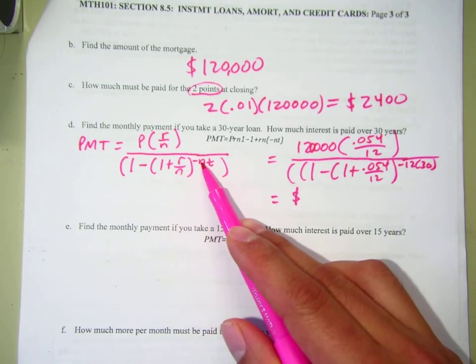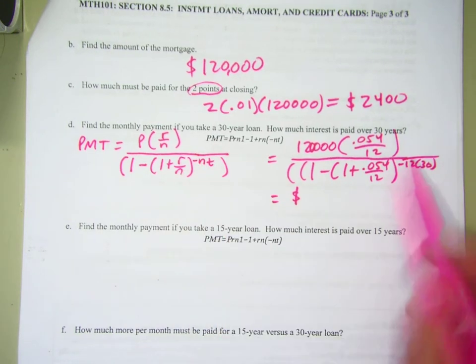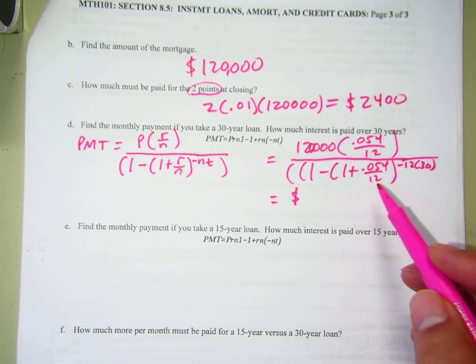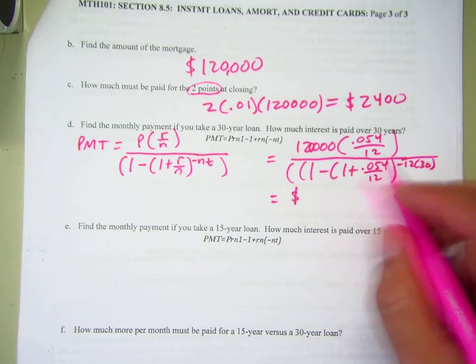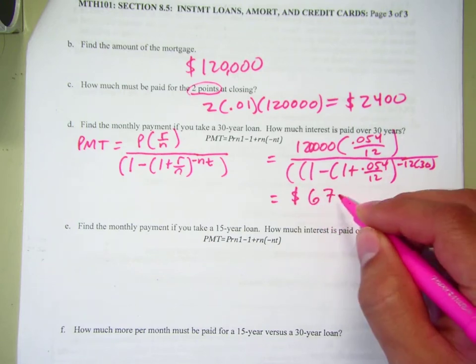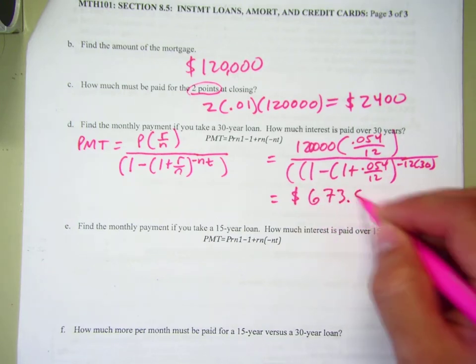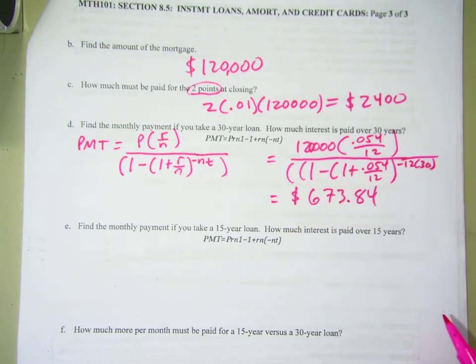Does that always get turned into a negative? Yes. When you're working backwards to find the monthly payment, yes. Is it 673.84? That is correct.